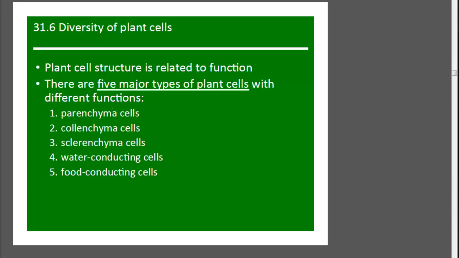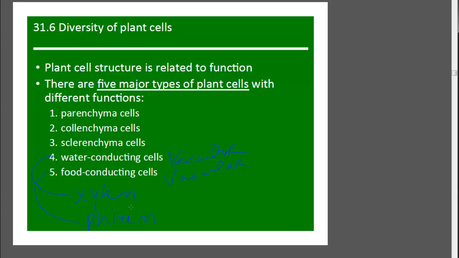Parenchyma cells, collenchyma, sclerenchyma, water conducting cells that we've already talked about as being vascular tissue, and food conducting cells that are also known as vascular tissue. So we said our water conducting cells are actually xylem, right? And our food conducting cells are phloem. We saw that in our tissue discussion.